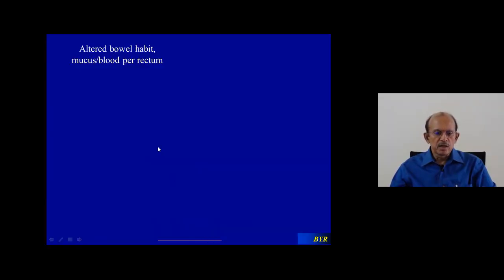Summary of management of carcinoma of the rectum. The patient's presentation is with altered bowel habits, mucus and blood per rectum. These are the main symptoms. You do digital rectal examination, also called per rectal examination, and proctoscopy. These can evaluate only tumors in the lower 1/3 and middle 1/3 of the rectum.